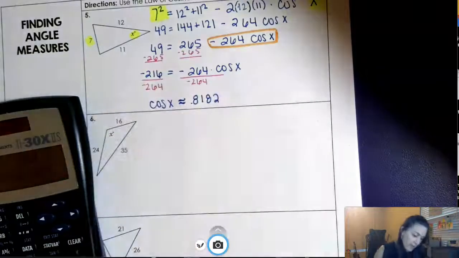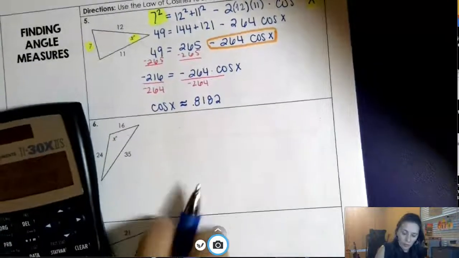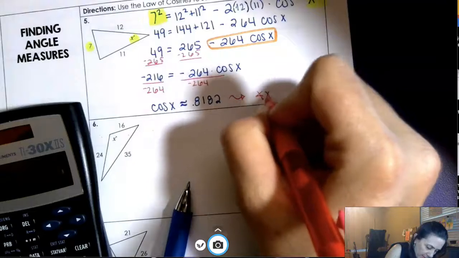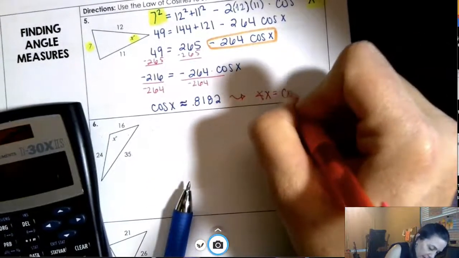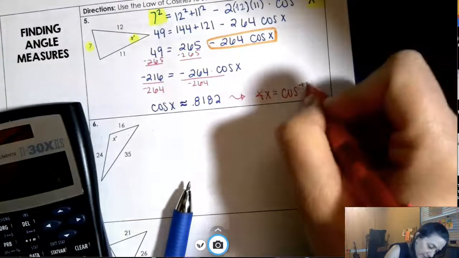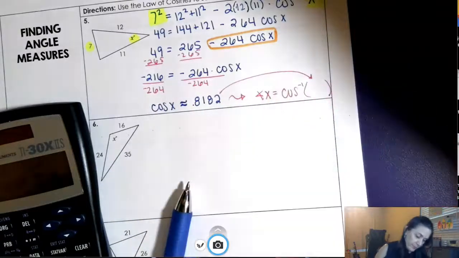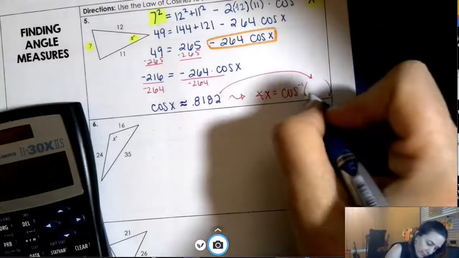Now remember, every time we're looking for an actual angle, this is where we say angle x equals inverse cosine of that number. So 0.8182.